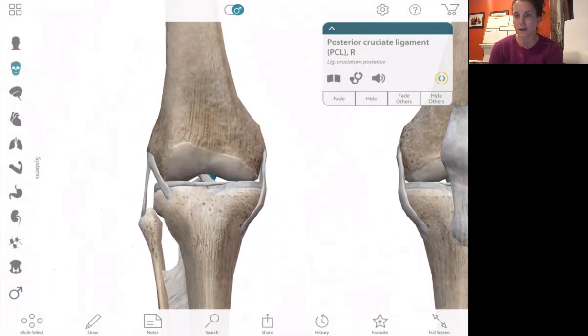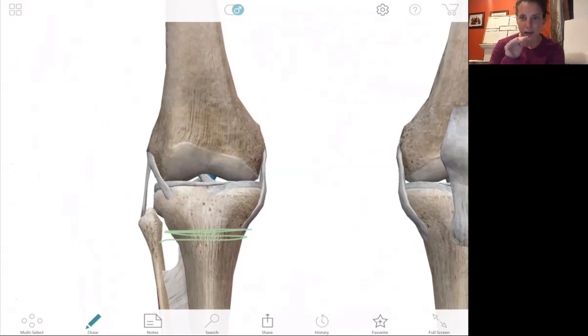It's commonly going to be injured from a hyperextension or from getting hit directly on the tibia. If we get hit directly right here and it's pushed backwards, it's a common mechanism for tearing the PCL. So falling on a bent knee or having a dashboard hit your tibia is a common way to tear your PCL. It's not as common as tearing your ACL.